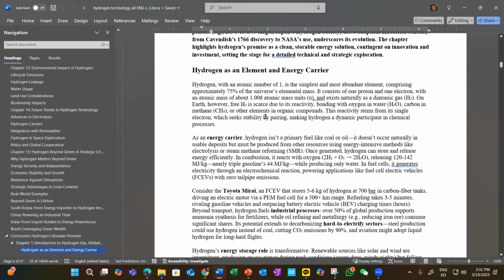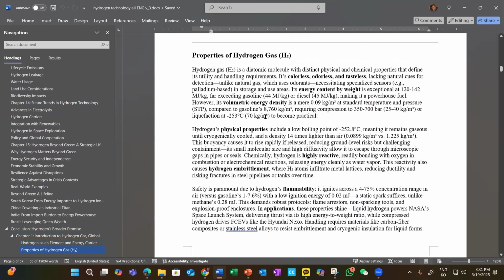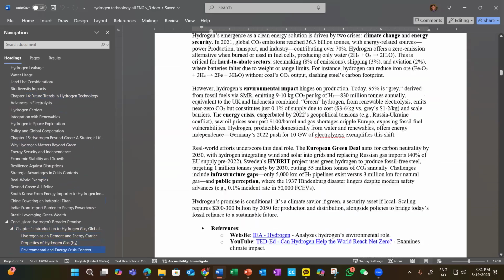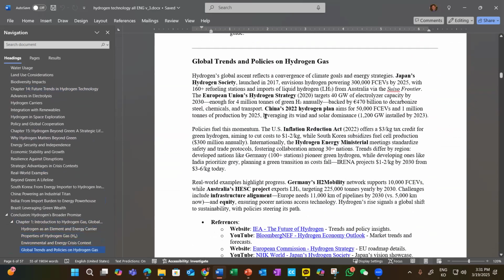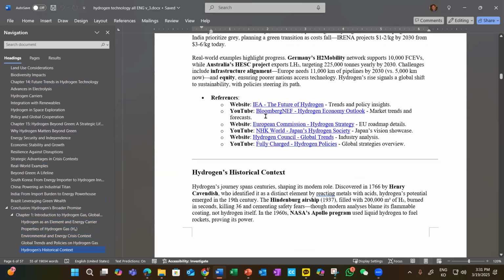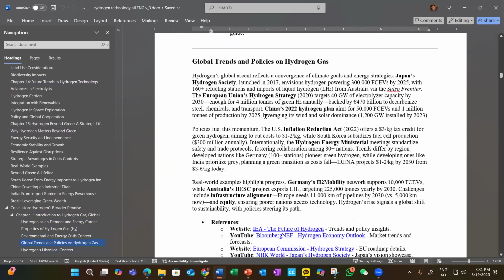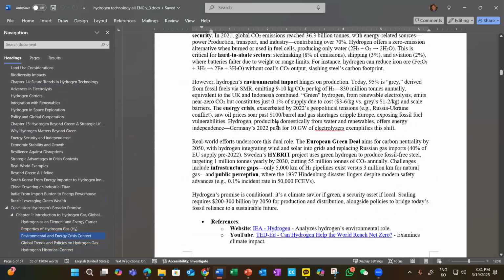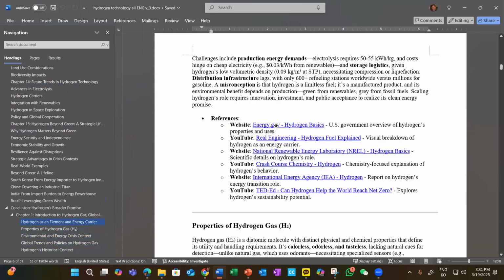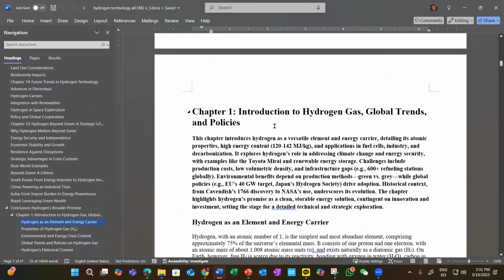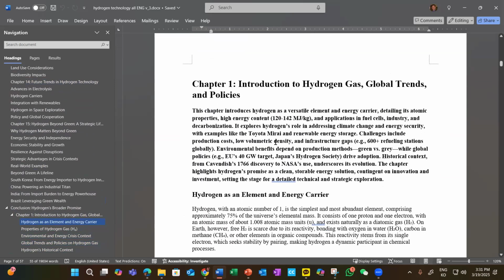Okay, so as I mentioned, chapter 1 covers the introduction to hydrogen, and it introduces some values, numbers. As an important figure, hydrogen energy content is about 120 megajoules per kilo.